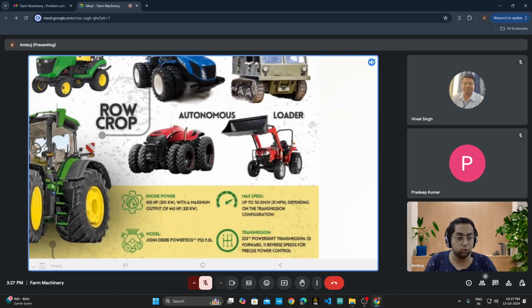Decision making is done through a microprocessing unit. The microprocessing unit would have such computational power that it can provide a judgment based on various different sensors which are attached to the tractor.